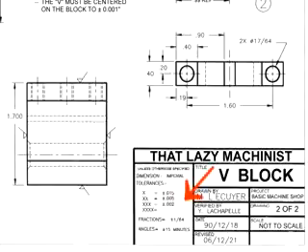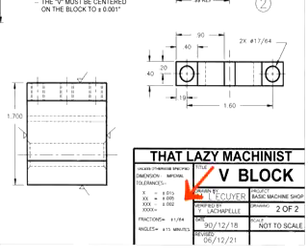Here in this little box of the header, we have our information for our general tolerances, and we can see that unless otherwise specified, the dimensions on this print are imperial. If we have one number after the decimal point, we have a tolerance of plus or minus 15 thousandths of an inch on that dimension.